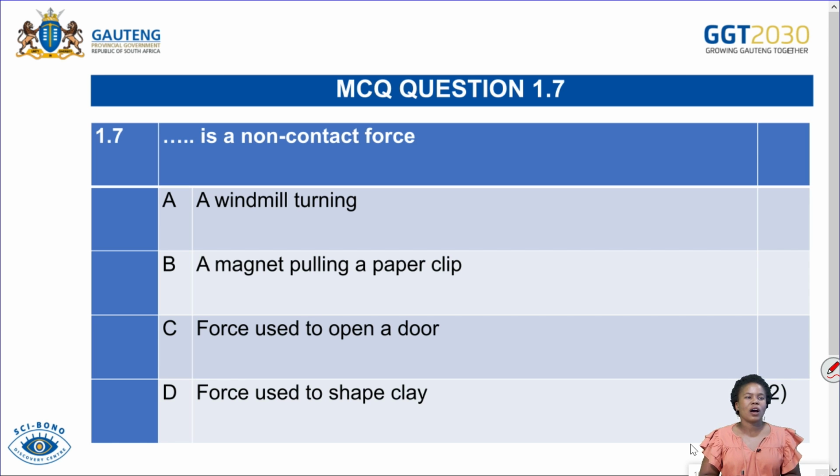1.7, you've got dash dash dash dash is a non-contact force. I've already given you examples of a non-contact force. A windmill turning, no, we've already classified it as a contact force because you need to come into physical contact with it. A magnet pulling a paper clip, because we're not physically touching.